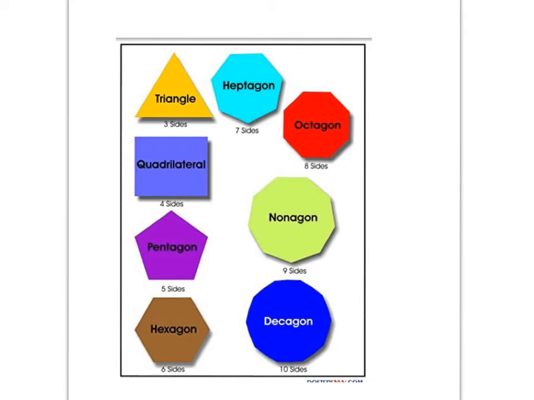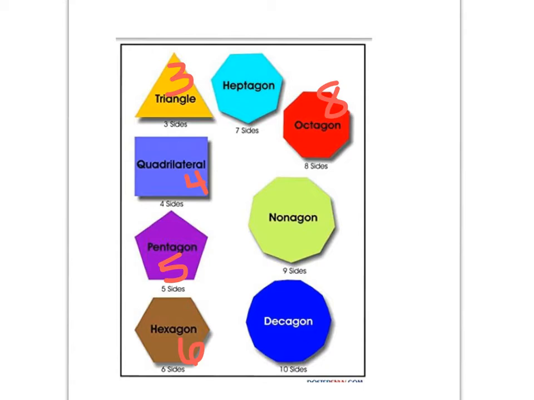And that's something that we started learning about in kindergarten, first grade. So we know a triangle has 3 sides, and a quadrilateral has 4 sides, and a pentagon has 5 sides, and a hexagon has 6 sides, an octagon has 8 sides. Polygons are classified by their name based on how many sides they have.